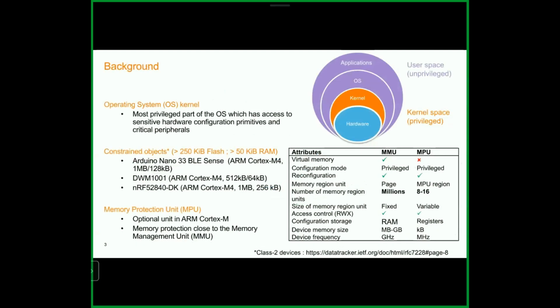So before going further, here are some background details. So I'll speak about an operating system kernel. So everyone knows what's an OS, like Windows, Mac OS, or GNU Linux distributions.